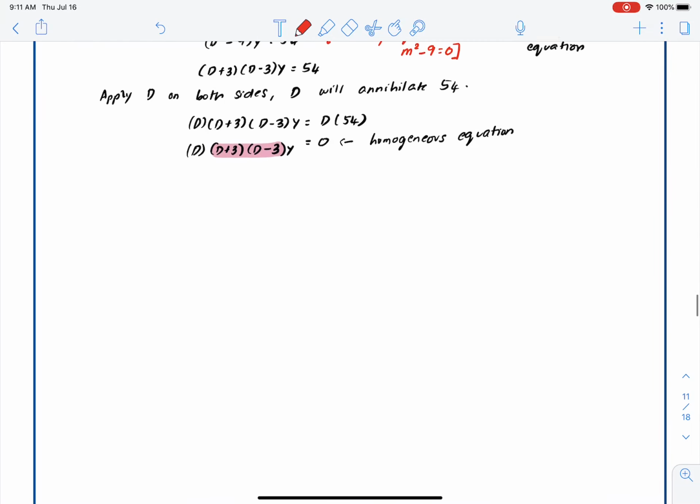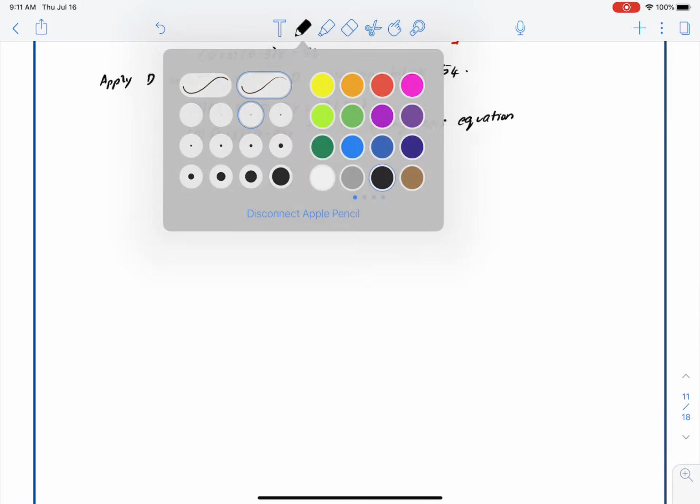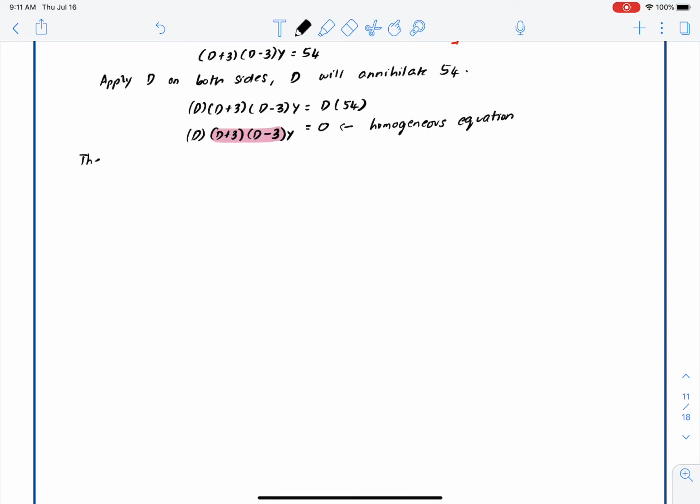So the two roots of the auxiliary equation are m1 equals 3 and m2 equals minus 3.